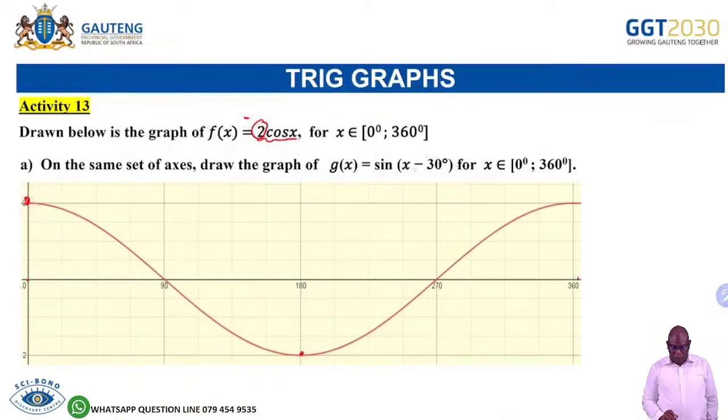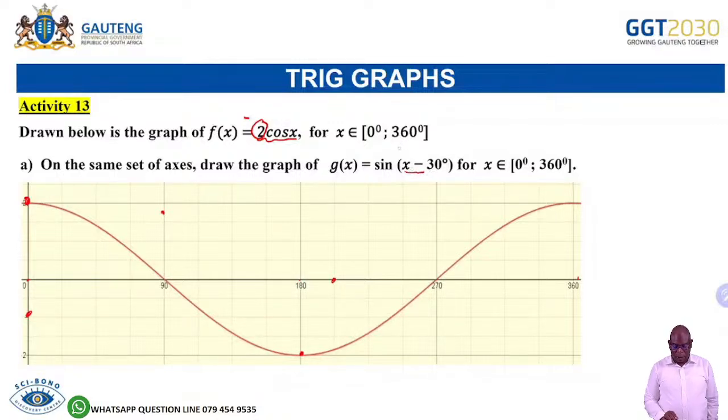Now they say we must draw the graph of cos of x minus 30. I think that graph will start somewhere at 0,866. And then from there at 90, it will be 90 minus 30, so it will be at 0,5. Then at 210, it will be at 180. So it will be at 0. And then from there 270, I mean, sorry, 270, it will be at 240.